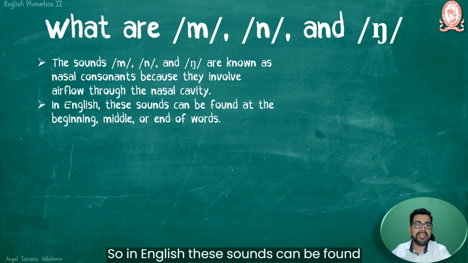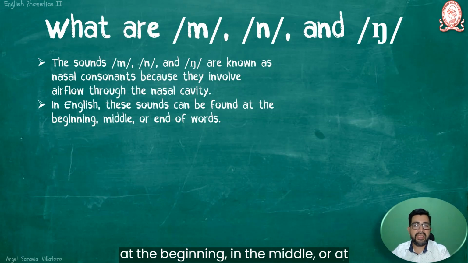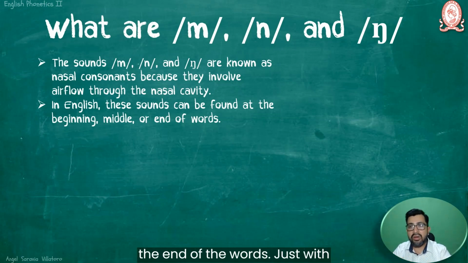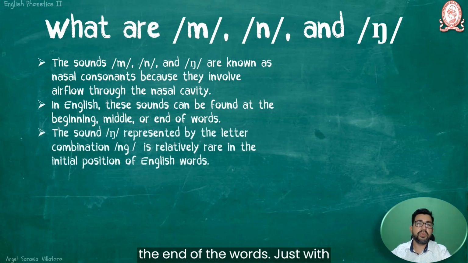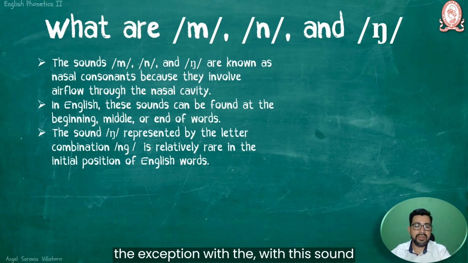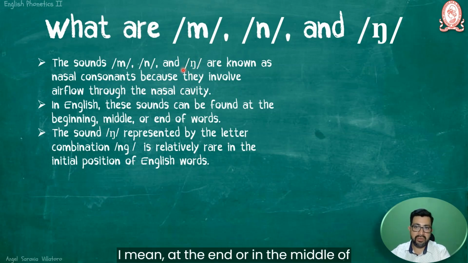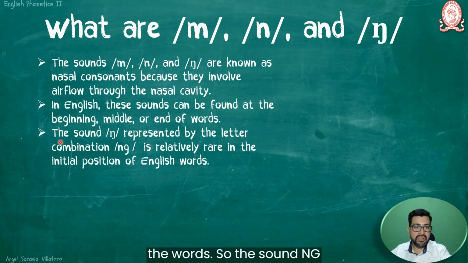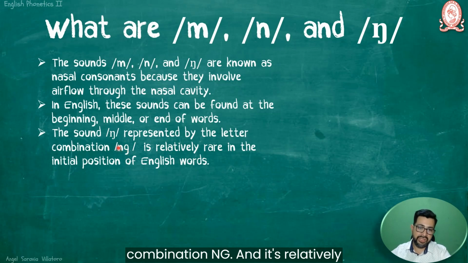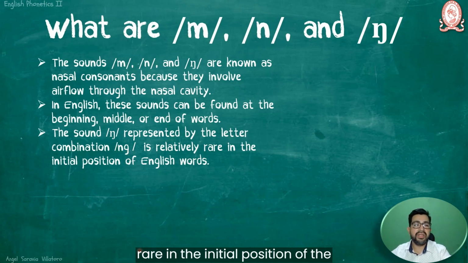In English, these sounds can be found at the beginning, in the middle, or at the end of words, with the exception of the NG sound, which is only in the middle or at the end of words. The sound NG is represented by the letter combination NG, and it's relatively rare in the initial position of English words.